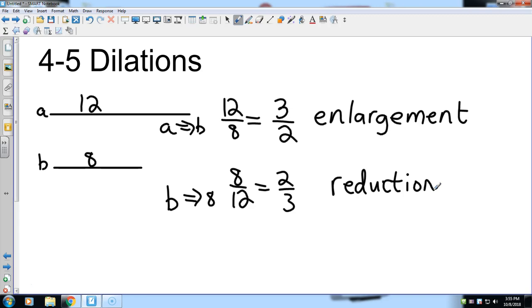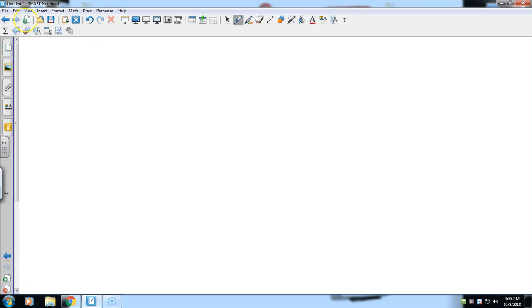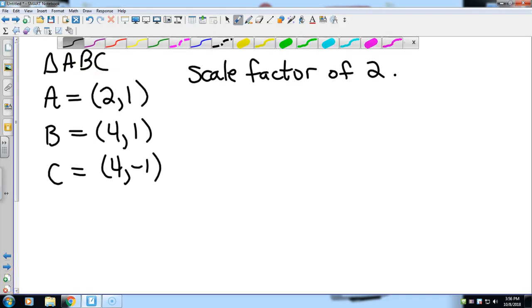So you may also see something, they give you the coordinates of something, let's say triangle ABC. Okay, so that triangle ABC has coordinates of A 2, 1, B 4, 1, and C 4, -1.